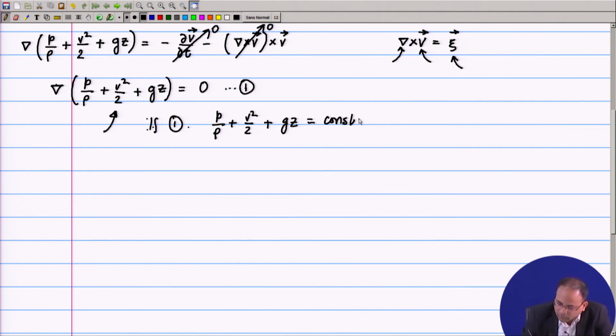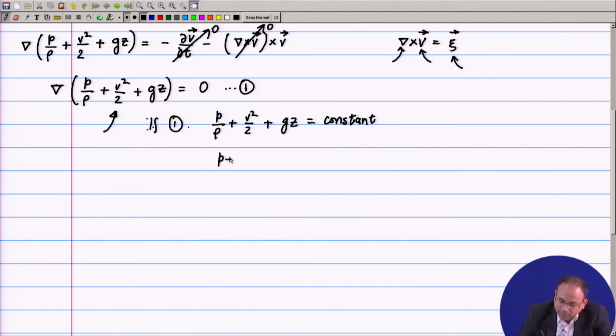You do not have to worry about streamlines and all those things, it is just constant between any 2 points in the flow field, as long as those A B C D conditions are satisfied. Then the gradient is 0 at every point, and it means that you start from one point and you can move to the next, and that way you can go to any point, and you can see that this term is constant.